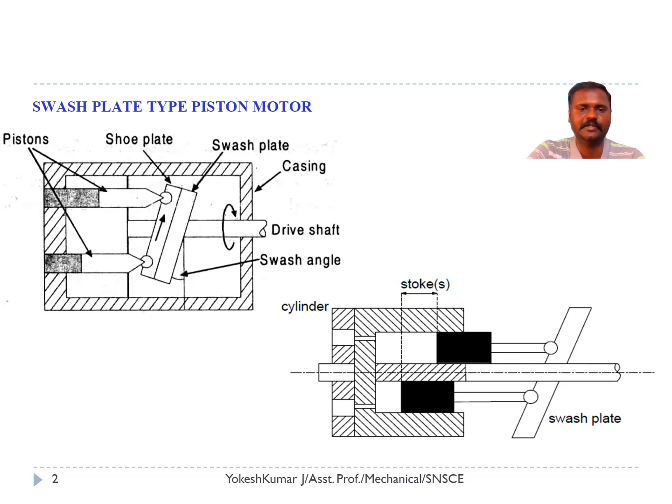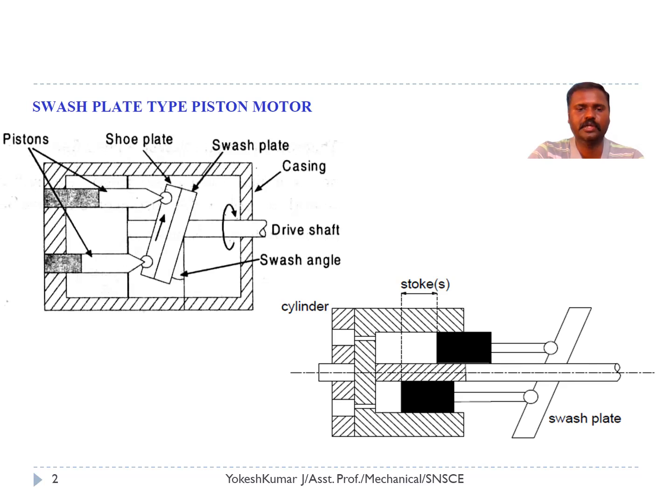The pistons are connected to a shoe plate, which is an inclined plate. The shoe plate is connected with the swash plate, which is also in the inclined direction. Both the plates are connected with the drive shaft, which will make a rotary motion.